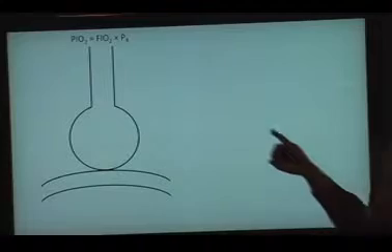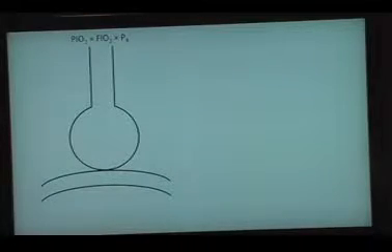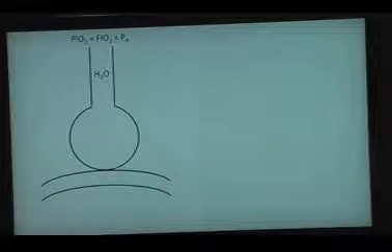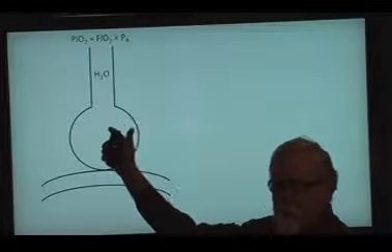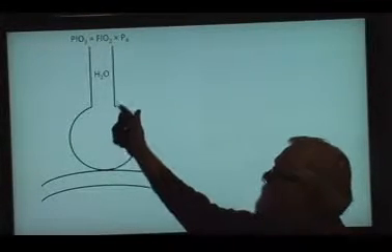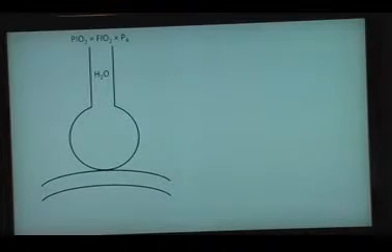However, the PO2 that presents to the alveolus is less than the PO2 which we inspire because of the addition of water vapor pressure. So as gas passes from the entrance to the airway to the alveolus, it becomes humidified, and the effect of humidification is to reduce the PO2.